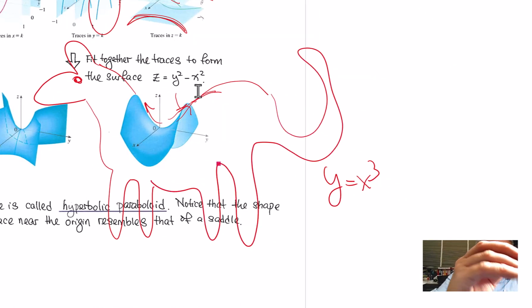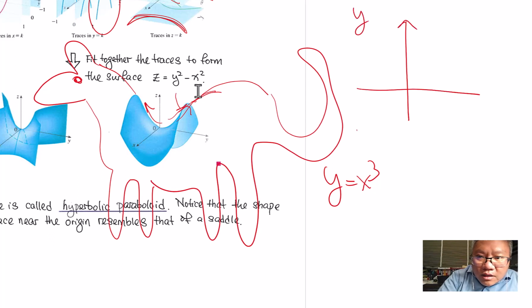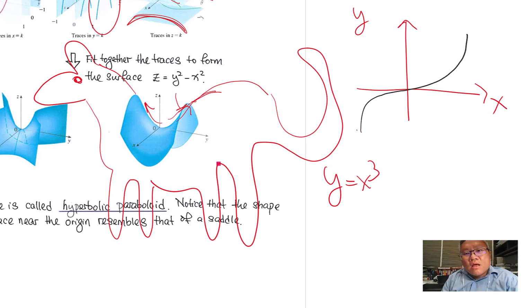So y equals x cubed is an equation that in calculus you encountered before. It is a graph that's like that. We don't have a minimum at this point. We don't have a maximum at this point either. This is not a minimum because I can find something smaller. This is not a maximum because I can find something bigger.